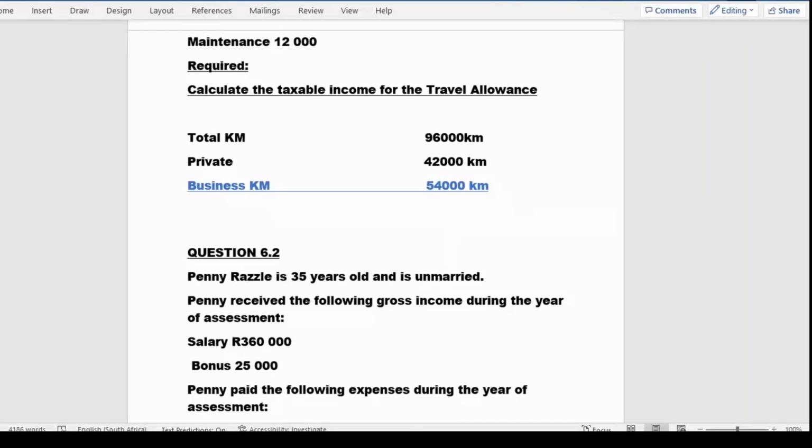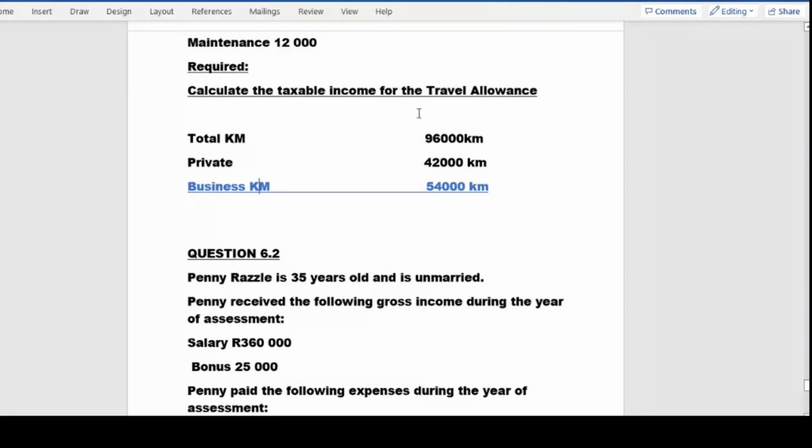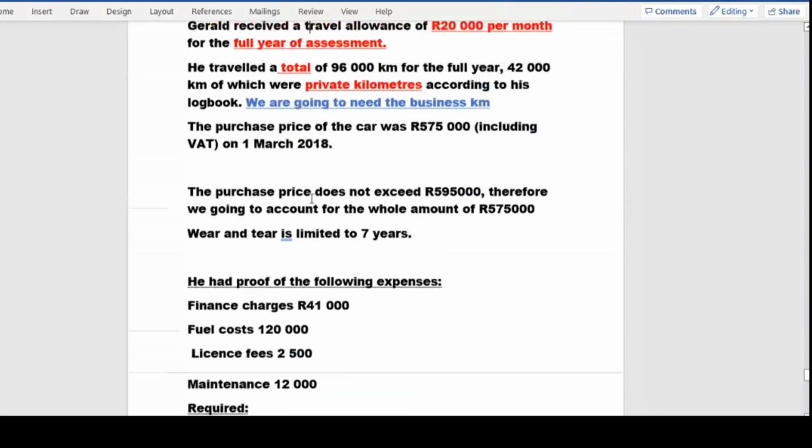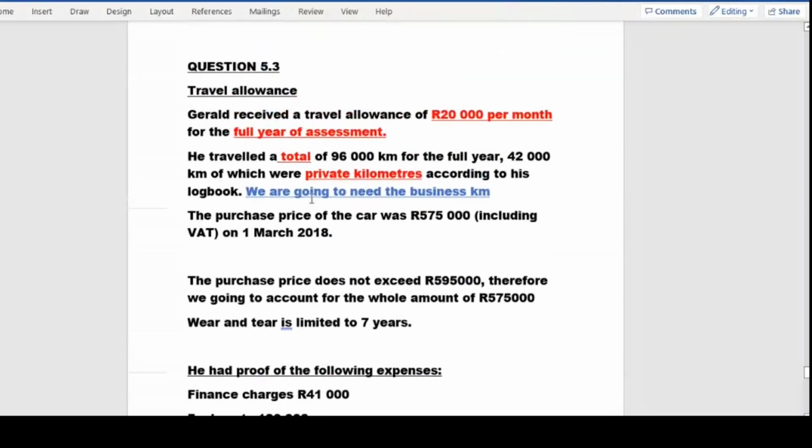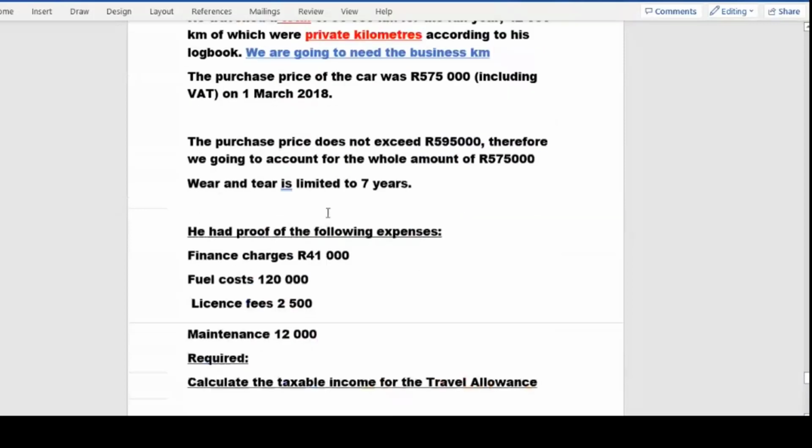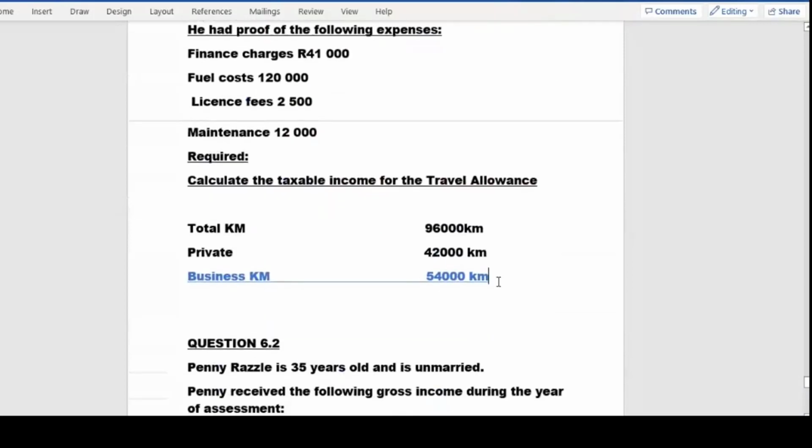What your second part would be, since we've got the business kilometers, is to calculate how much is the travel allowance that you have received. Let's go to the question quickly. The question says that Gerald received the travel allowance of 20,000 rand per month for the full year of assessment, meaning that he received 20,000 multiplied by 12 because it's for the full year of assessment.